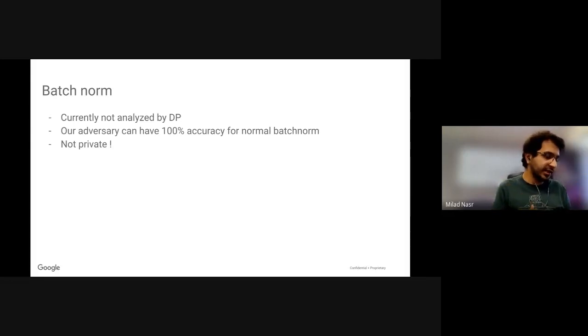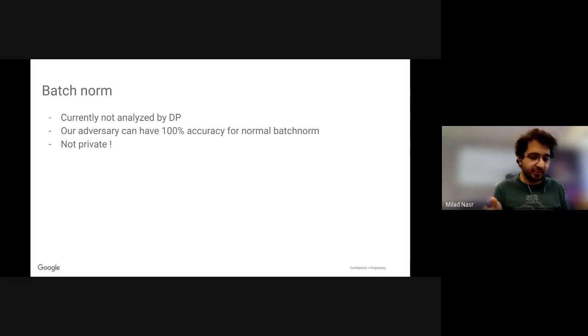One specific example we considered was batch norm. Batch norm has a very good effect on machine learning models, but currently we don't know how to analyze it with differential privacy.